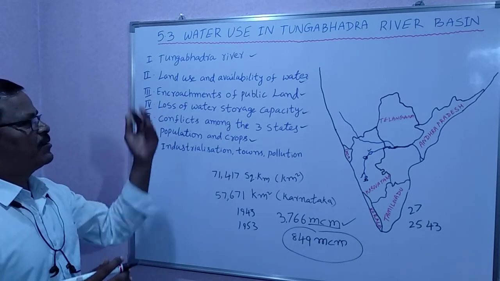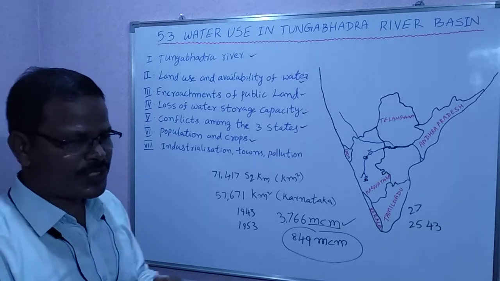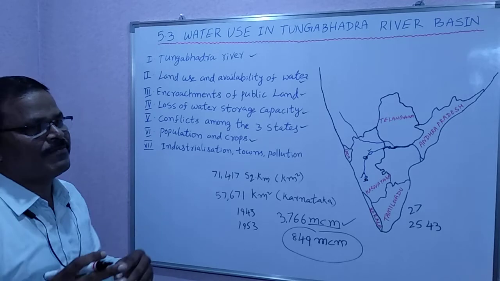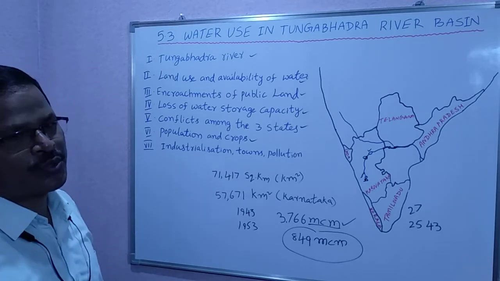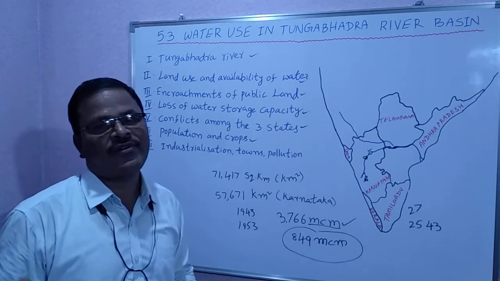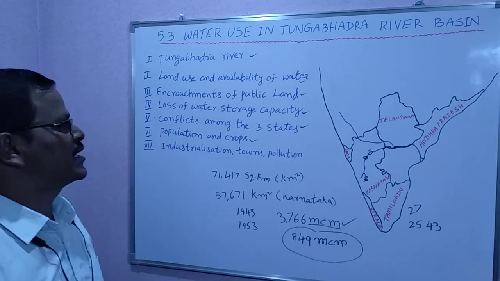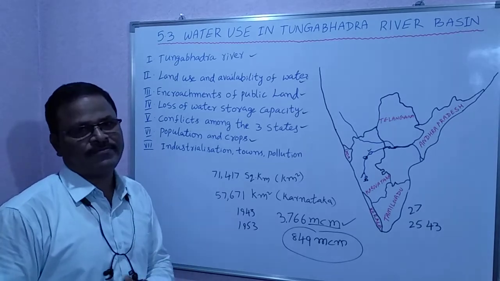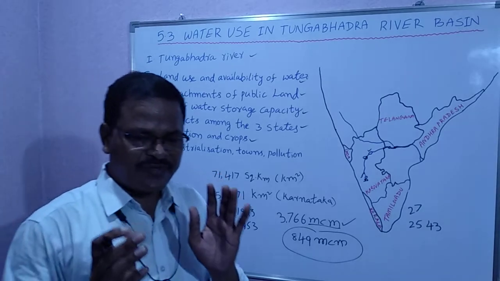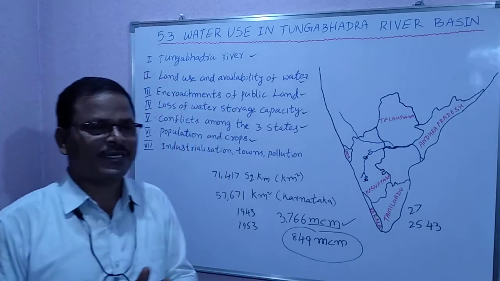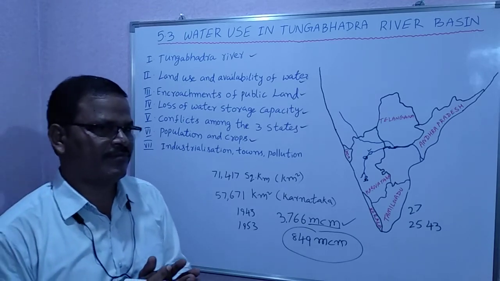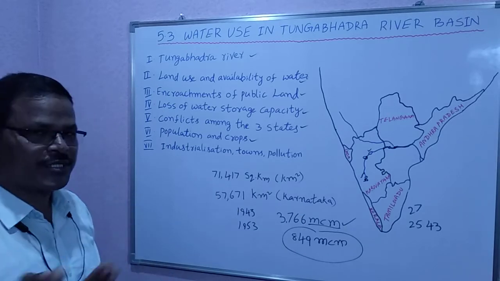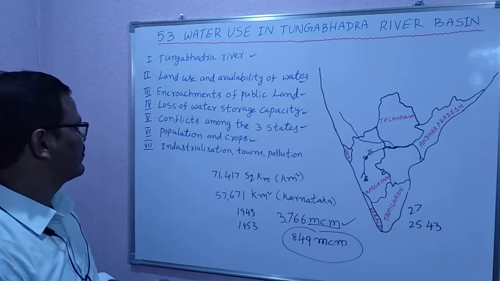The land use and availability. Most of the land is under agriculture, and some land is under trees, groves, cultivable waste, forest, natural vegetation, etc. Loss of water storage capacity. In these 50 years, Tungabhadra has lost some extent of its actual water storage capacity.